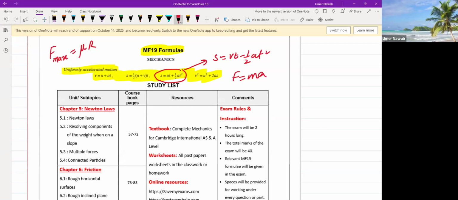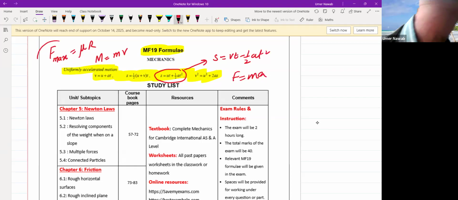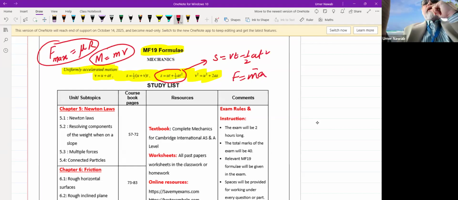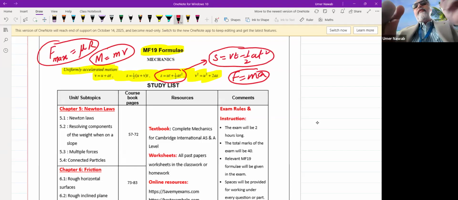And momentum is mv. This formula is also not given to you. So you need to memorize the limiting friction formula, the momentum formula, Newton's second law, and one equation of motion which is not provided in MF19.